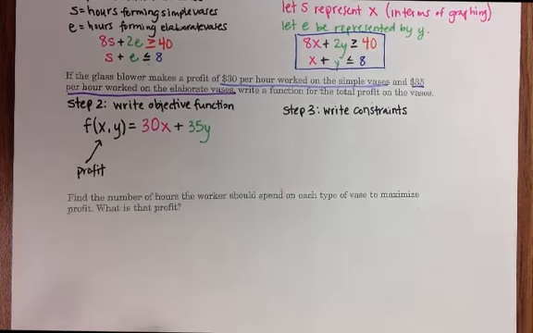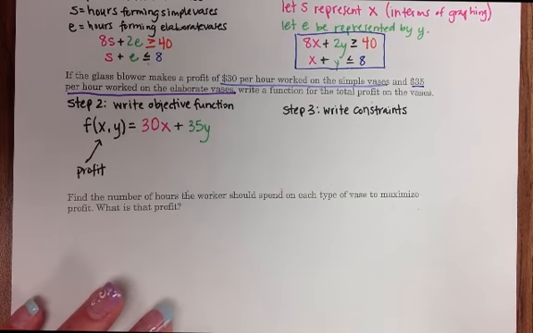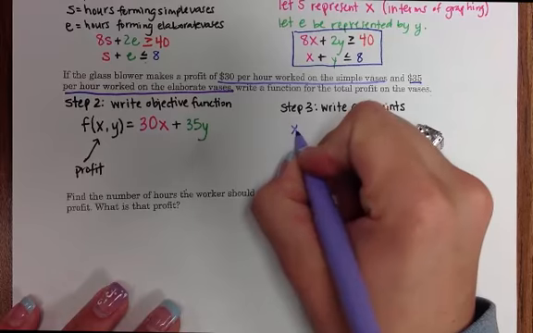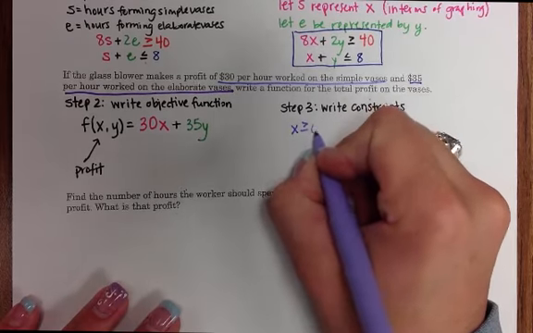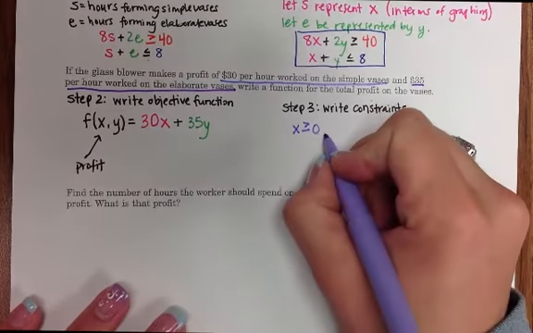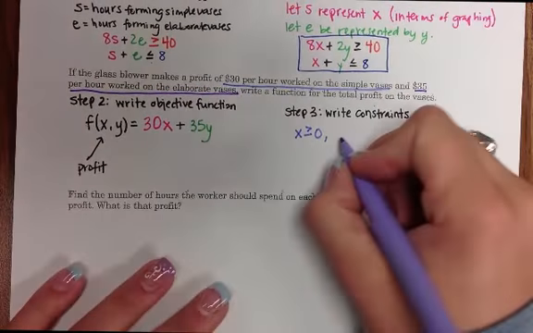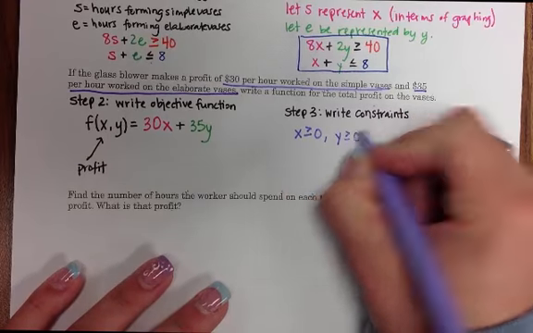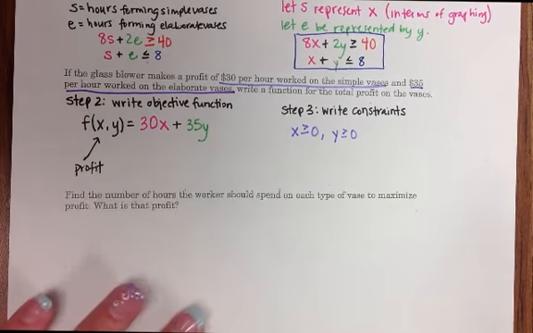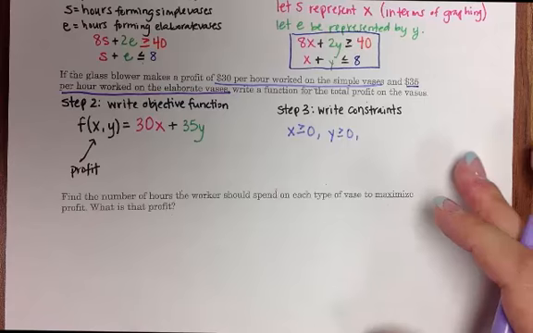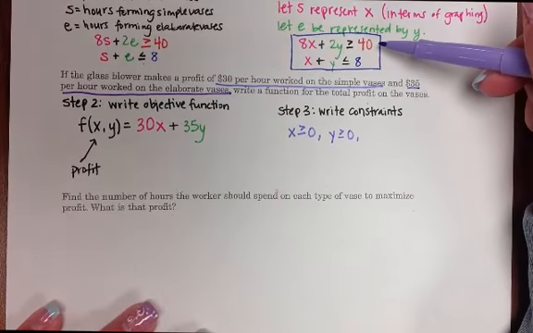First off, we know that we can't have a negative number of hours. So x must be greater than or equal to 0. Same thing with y. We can't have a negative number of hours representing our elaborate vases, so y must also be greater than or equal to 0. Our next constraint is going to be our top inequality.